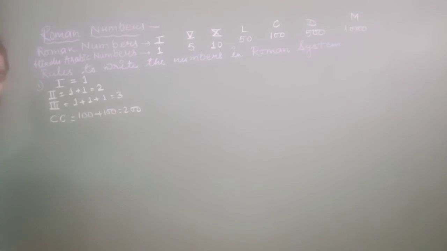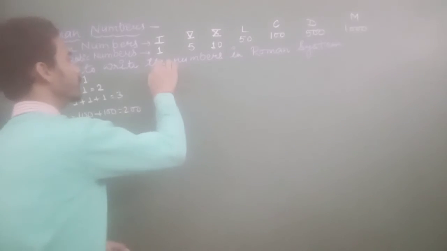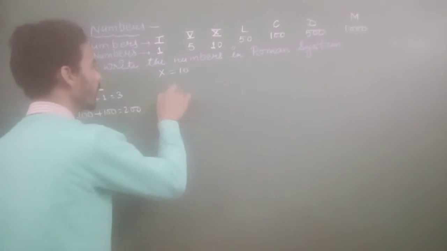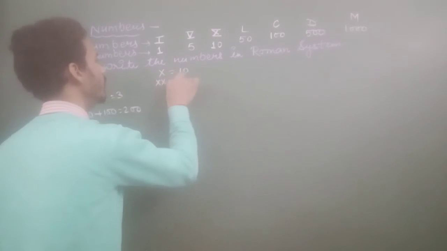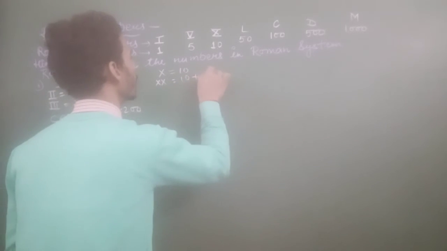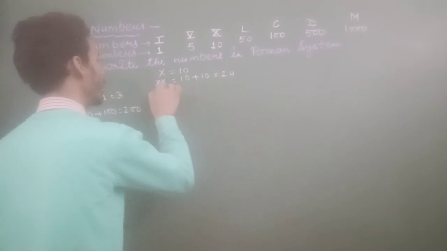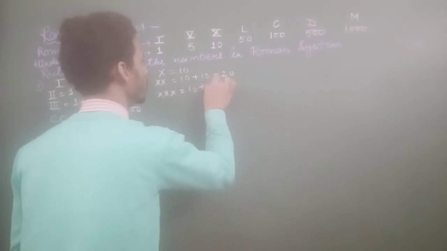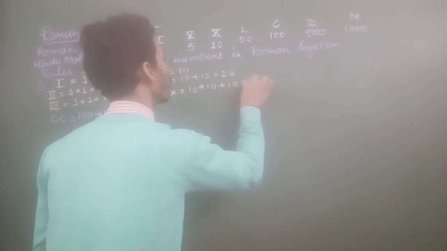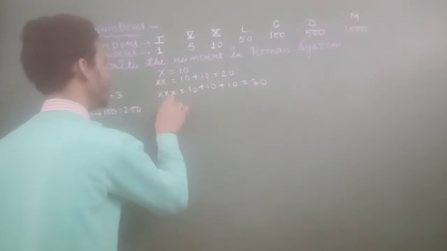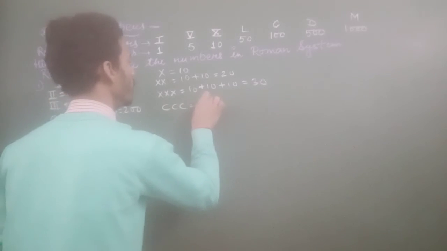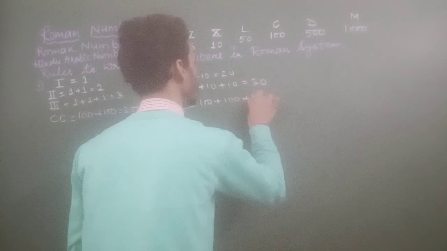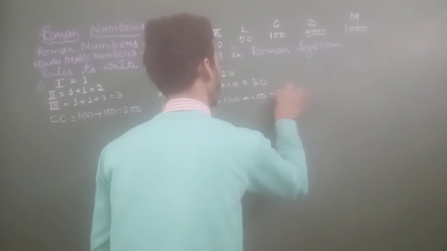Next, XX is 10 plus 10, that is 20, and XXX means 10 plus 10 plus 10, that is 30. CCC means 100 plus 100 plus 100, which is equal to 300.